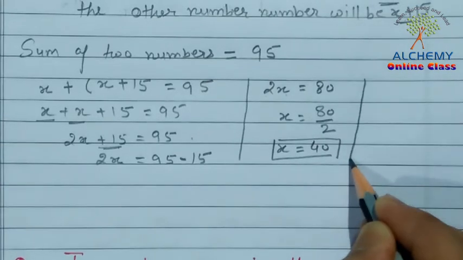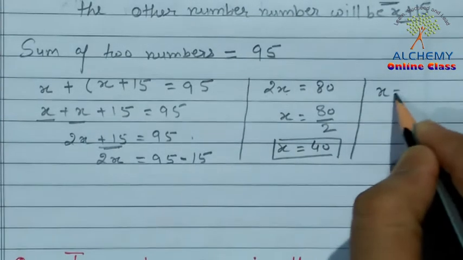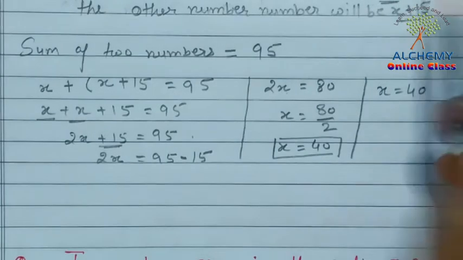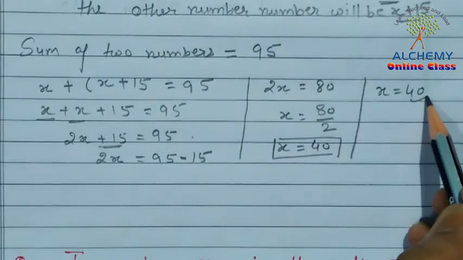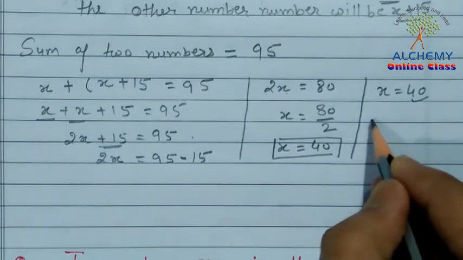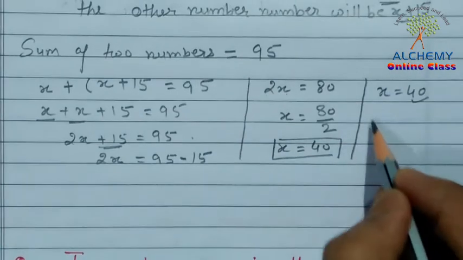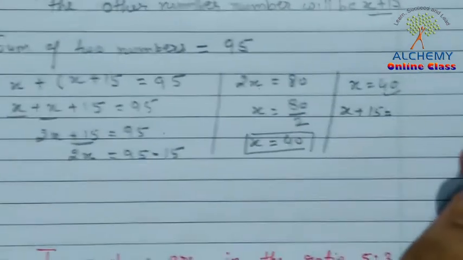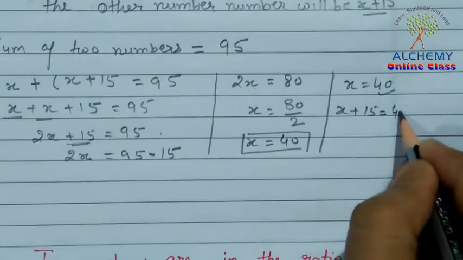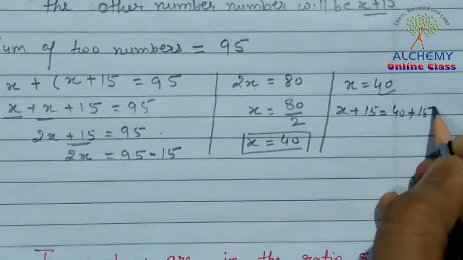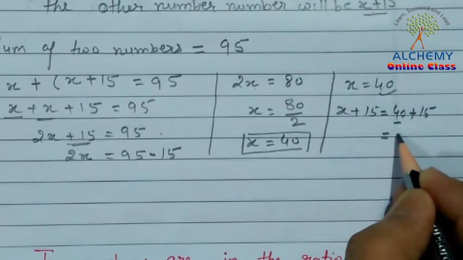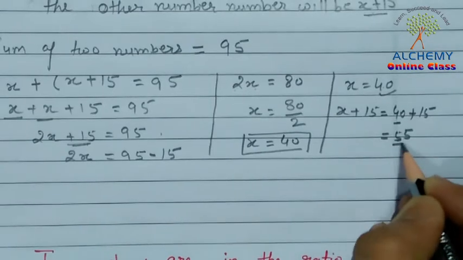When x is equal to 40, as we have taken one number as x, we got the first number here. What is the other number? The other number was x plus 15. So x plus 15 is equal to 40 plus 15, because the value of x is 40, and finally we get the result 55.